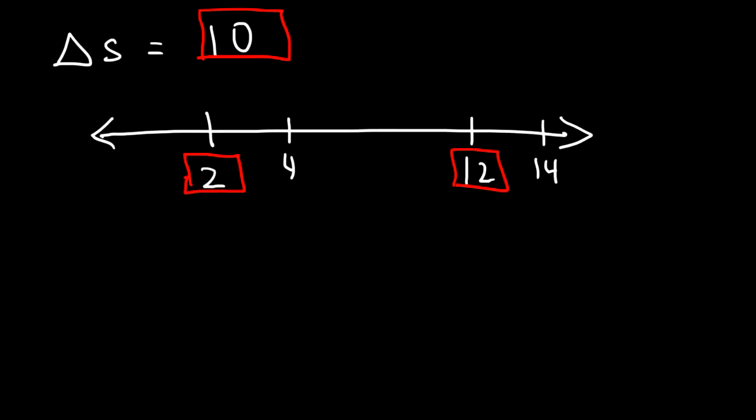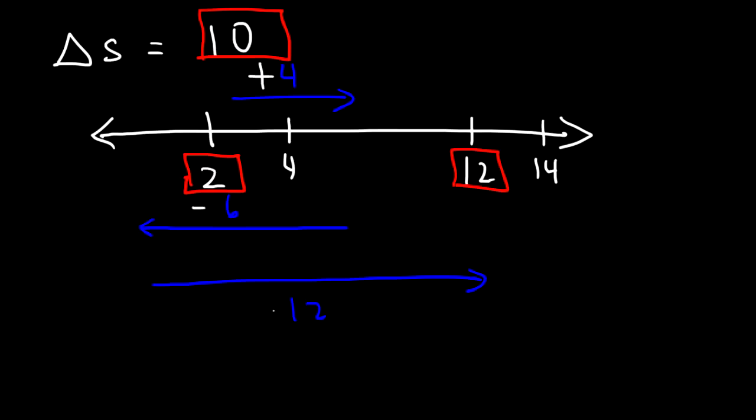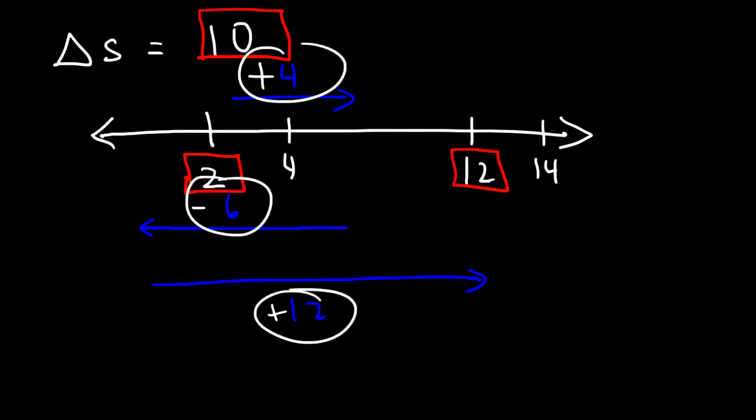For example, you can go from 2 to 12 by going, let's say, 4 units to the right, and then 6 units to the left, and then 12 units to the right. In this case, your displacement is still 10. If you add positive 4, negative 6, and positive 12, you'll get 10. But your distance is not 10. You travel the distance of 4 plus 6 plus 12, or a distance of 22.